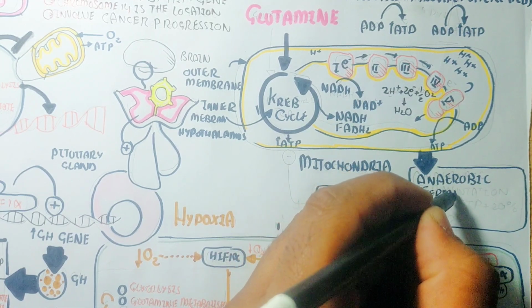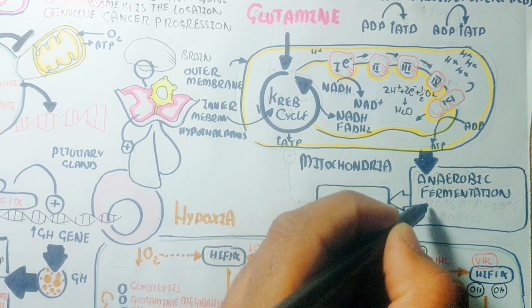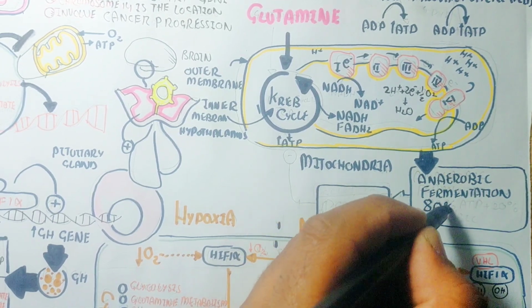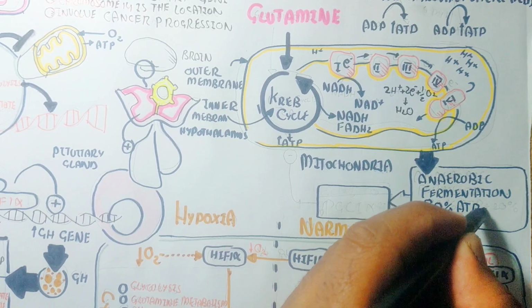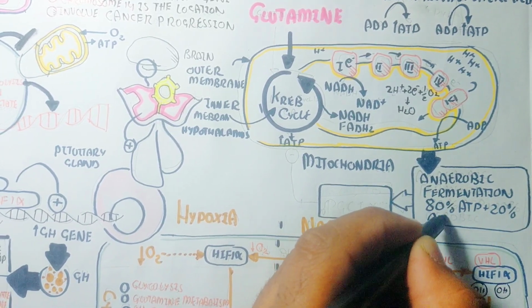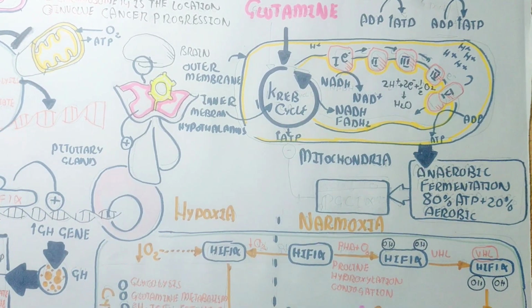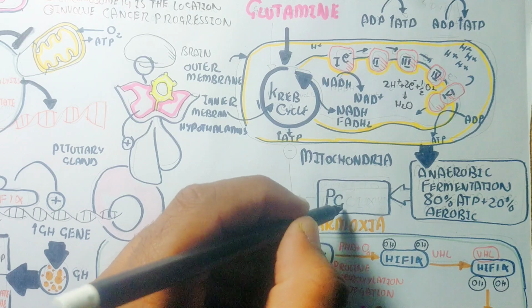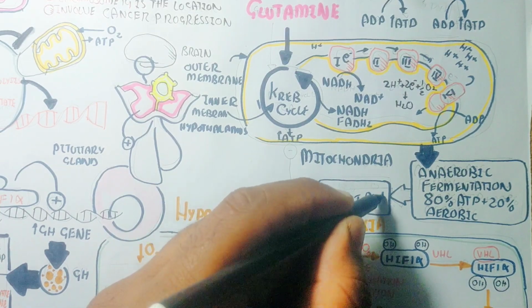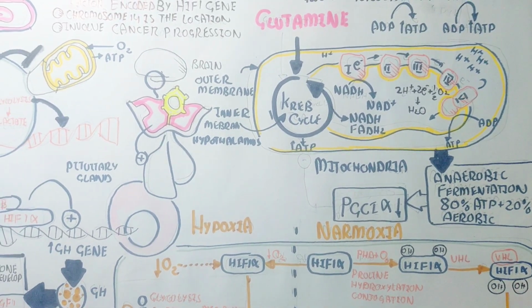It should be the opposite: 80% aerobic and 20% anaerobic, but this is disrupted and leads to more HIF1 alpha activation due to the hypoxic condition, and PGC1 alpha basically decreases, so the mitochondrial health and repair are not activated. HIF1 alpha is activated and inhibits PGC1 alpha, while HIF1 alpha basically progresses anaerobic fermentation and leads to cancer.